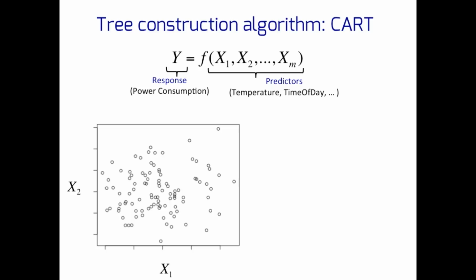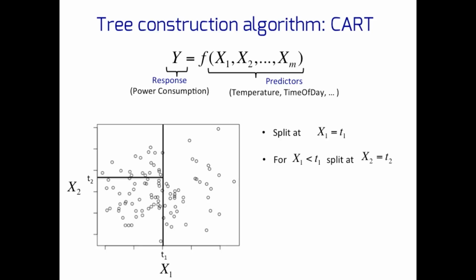For the case when m is equal to 2, let's consider this data space in which each of these data points represents some value of the response and how it varies with different values of my input features x1 and x2. What CART does is partition the data space. We can think of one of the partitions at x1 equal to t1, and then we can further partition one of these spaces at x2 equal to t2.